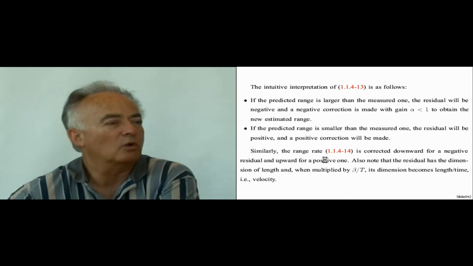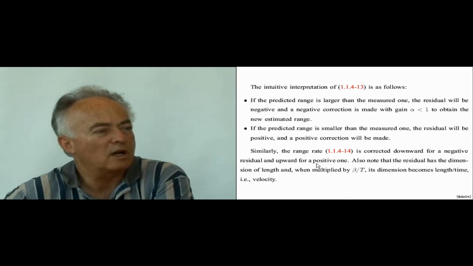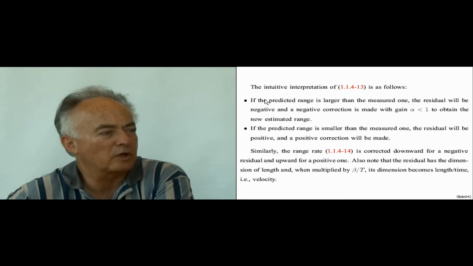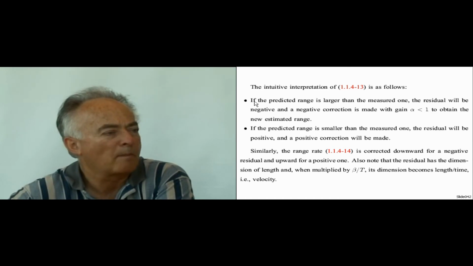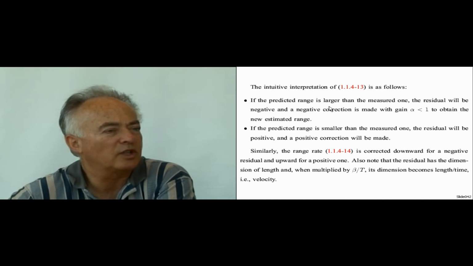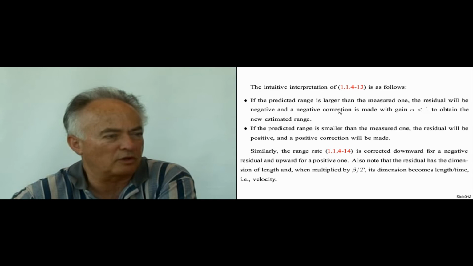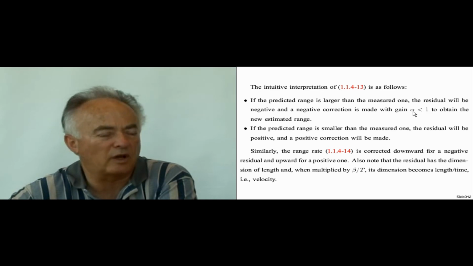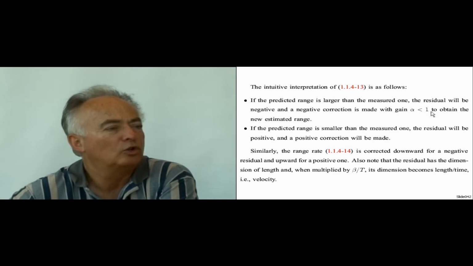Okay, so we can now provide an intuitive interpretation of the last equation as follows. If the predicted range is larger than the measured one, the residual will be negative. And we apply a negative correction, remember alpha is positive, with the gain alpha between 0 and 1 to obtain the new estimated range.